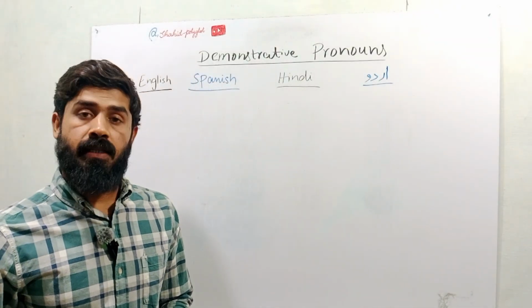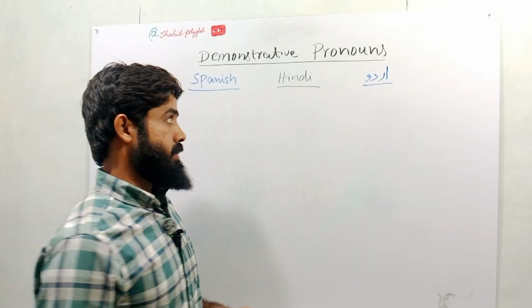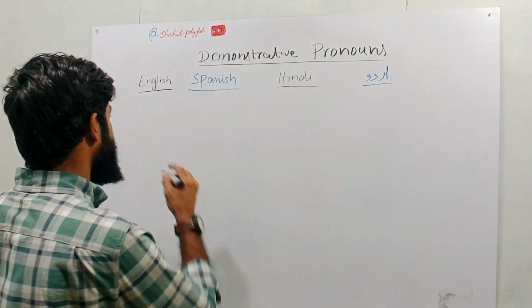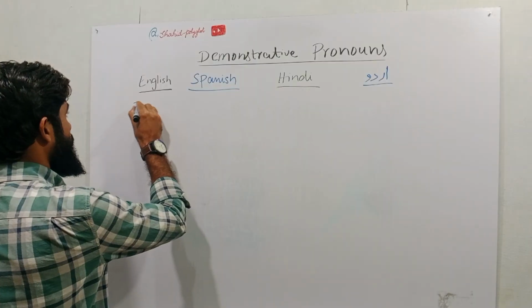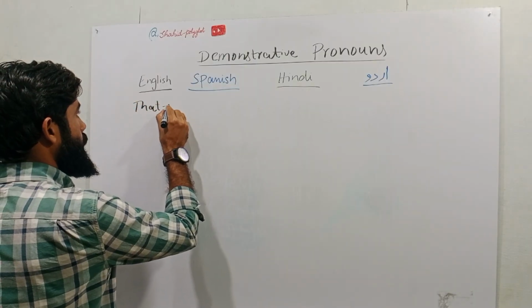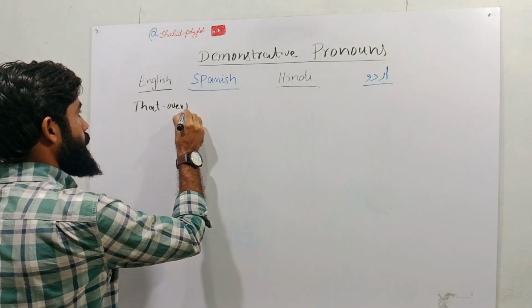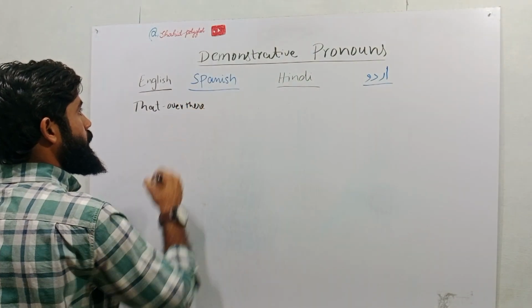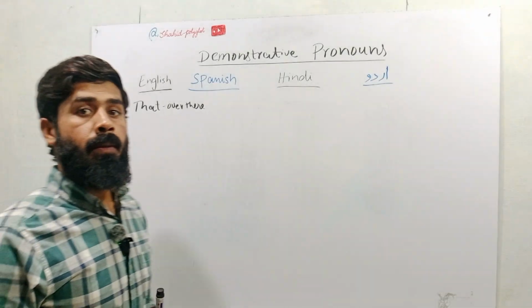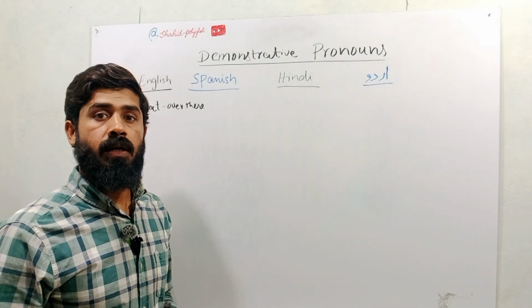So now the next demonstrative pronoun is that for over there. And in Spanish we say aquel or aquella.